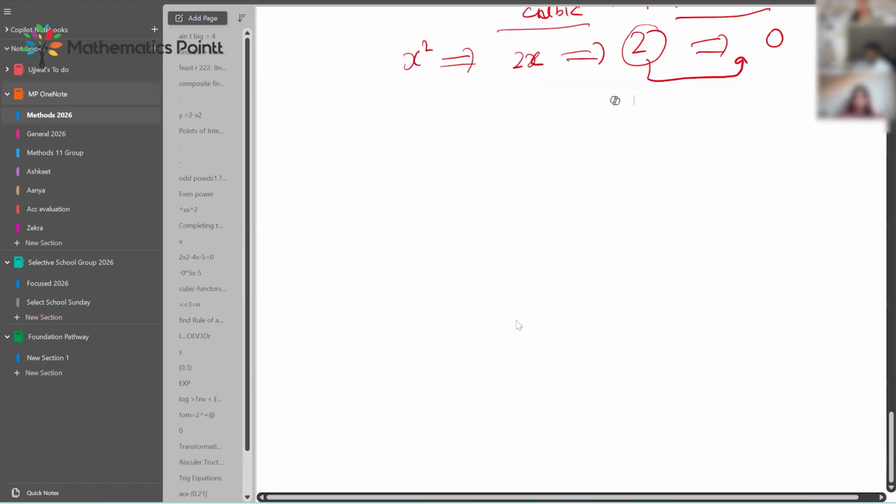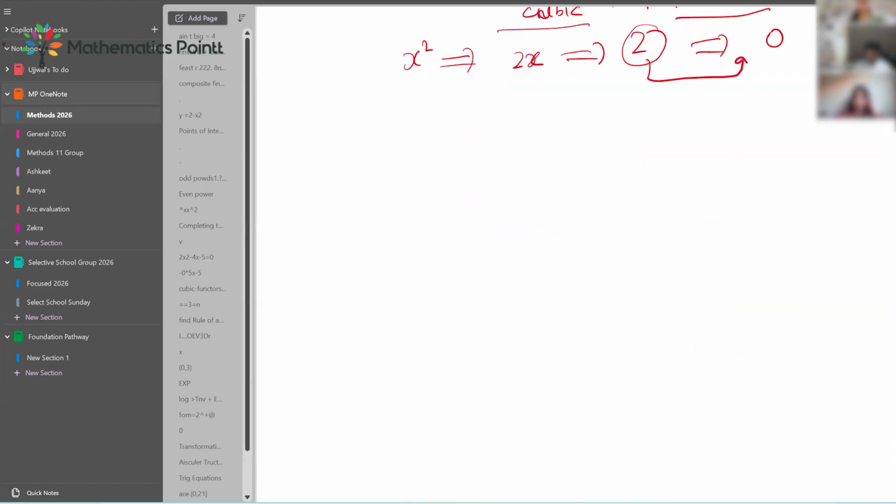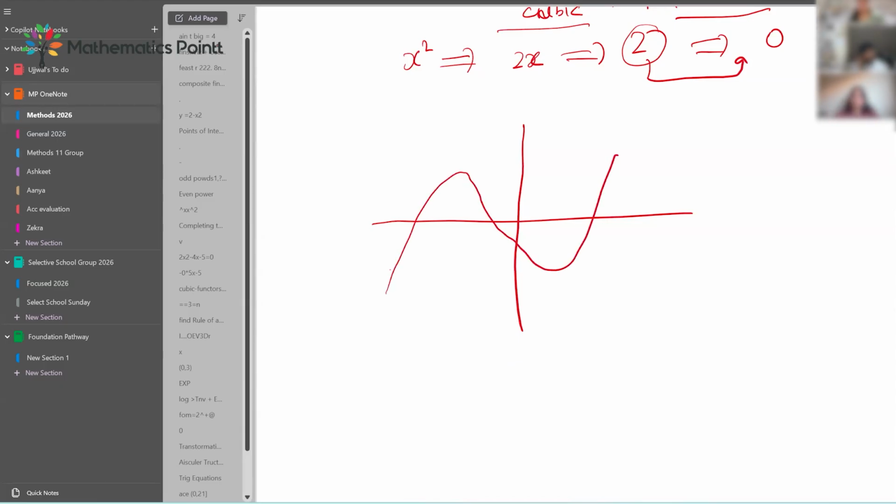Let's try to pick one up. Let's try to draw a derivative graph, and the easiest one to explain is a cubic to quadratic. Easiest one. That covers pretty much all the concepts. So let's say I have this kind of a graph of a cubic, right?